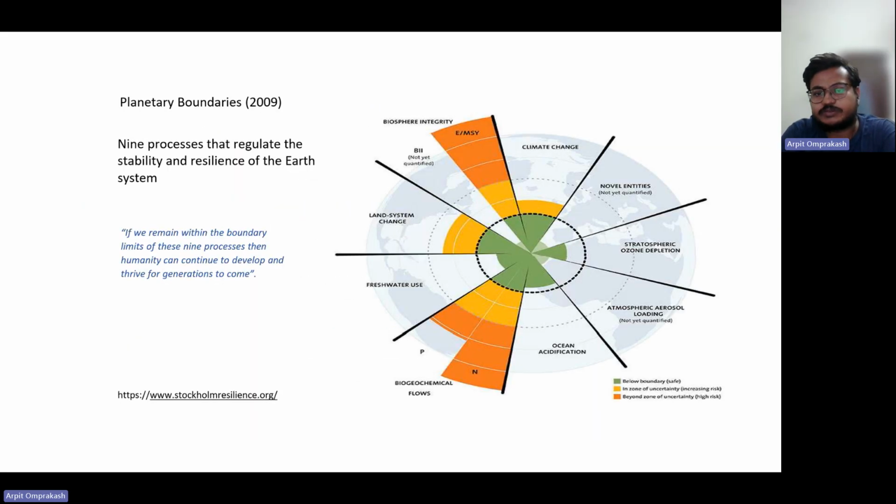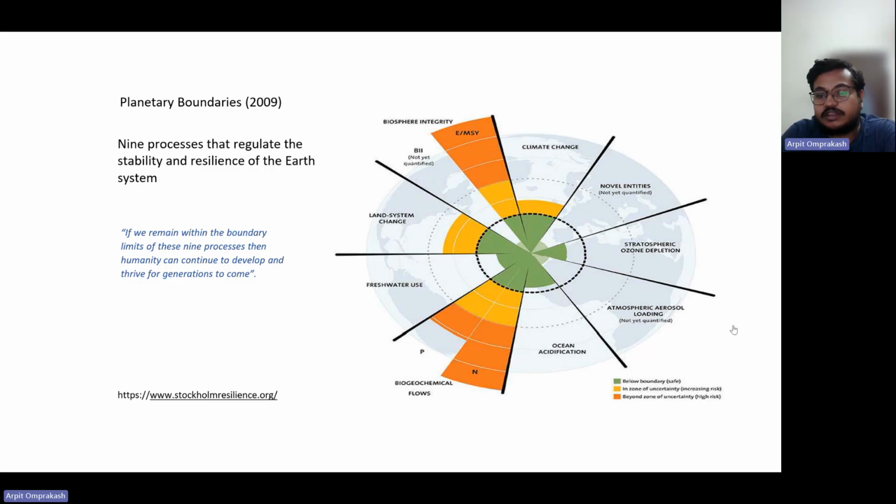In this graph, the green part is where it's below the boundary. So it's well and good in its operating range. There's no issue there. If it goes beyond that into the second layer, then it's in the zone of uncertainty where you don't know how the Earth is going to respond to it, or what is going to happen.